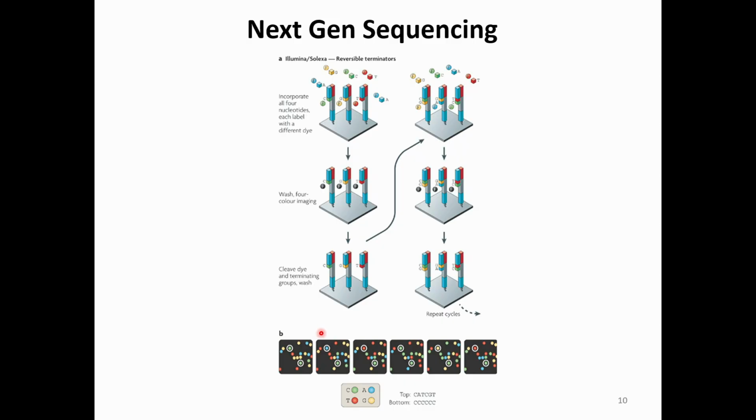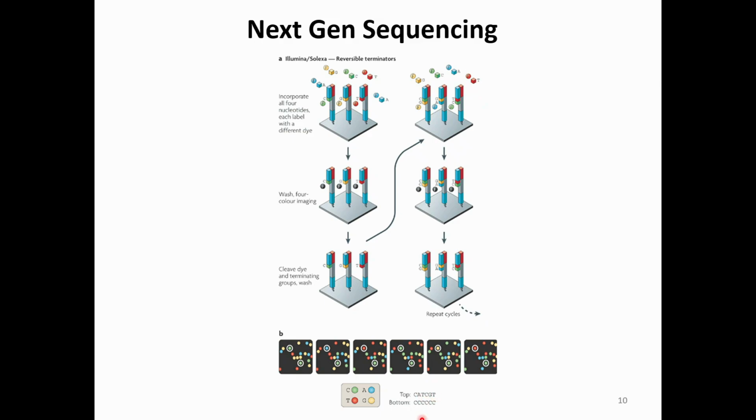And then you wash it and do some chemistry, and then you add the next one and the next one. So you follow this single spot, and you can see that it goes like green, blue, red, green, yellow, red. And that corresponds to the sequence, which if you look at the little code of how they're labeled, it ends up being CAT, CGT.